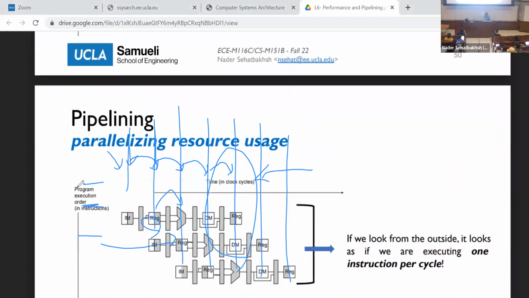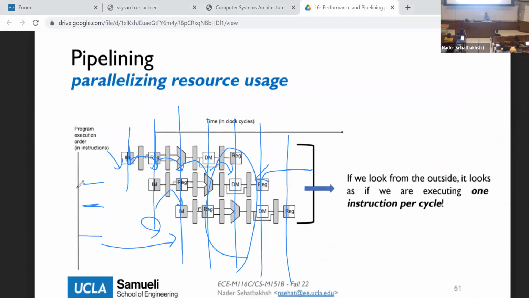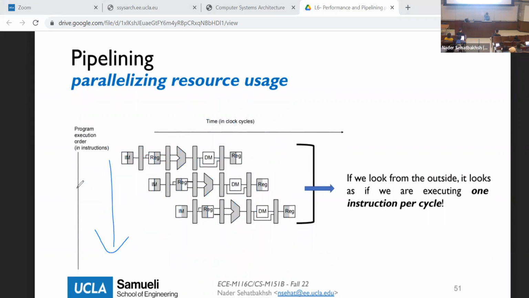And if you want to put this in words, assuming that we have an unlimited number of instructions here, in other words, our pipeline gets filled. If you look at it from the finishing side, you will see that every single clock, there's one instruction in the write back stage. In other words, at every single cycle, we get one instruction finished, right?